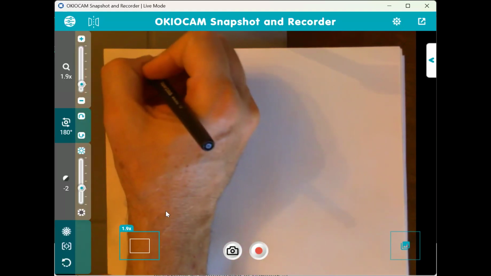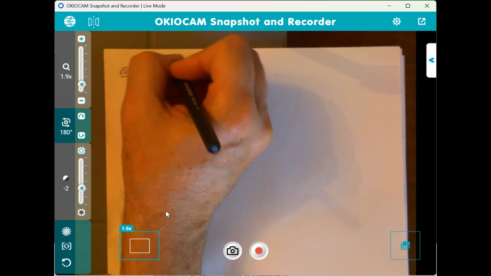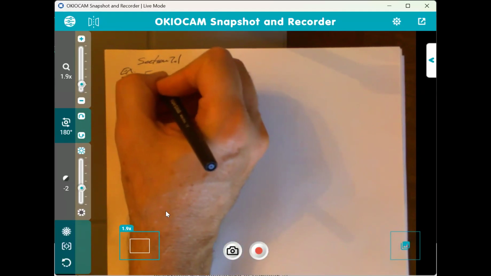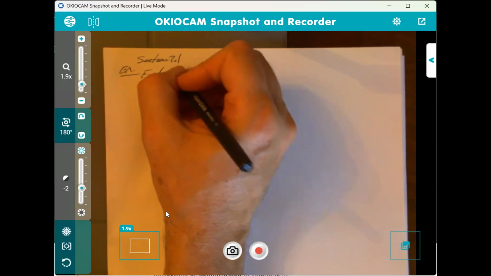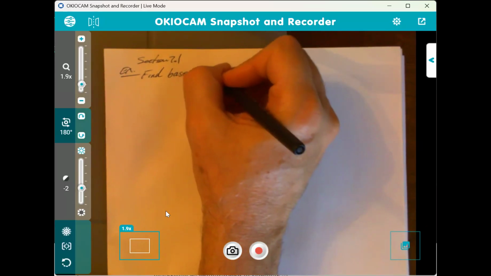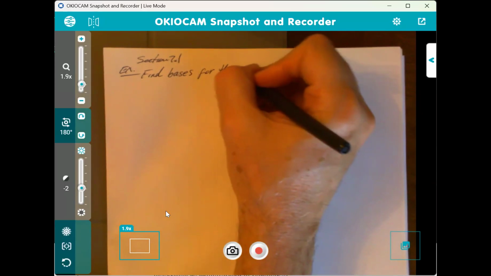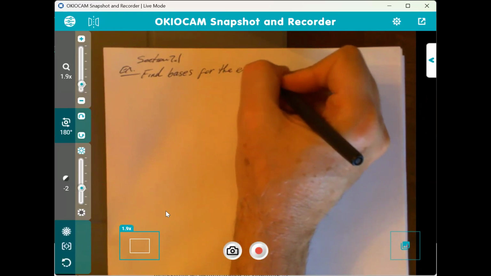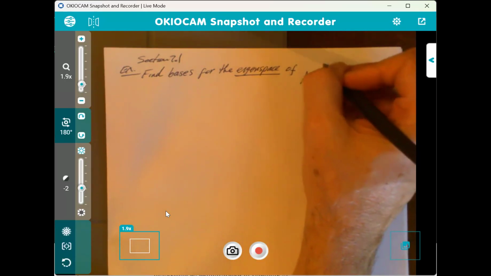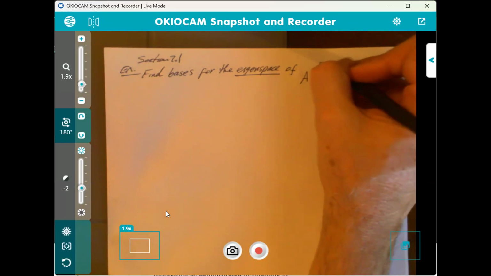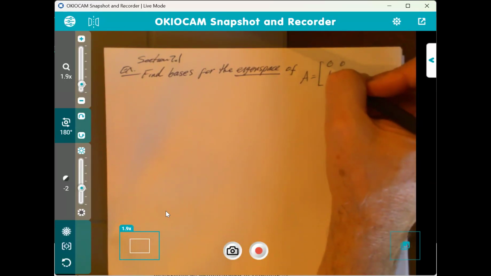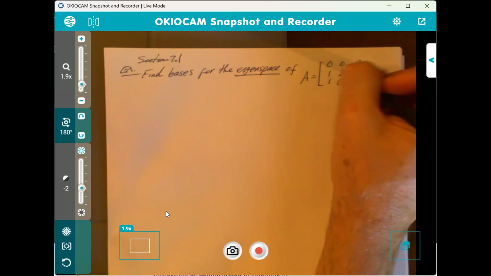So this is an example. Again, we are in section 7.1 still. In this example, we want to find a basis for the eigenspace of A, matrix A, and this is A given by 0, 1, 1, and then 0, 2, 0, negative 2, 1, 3.